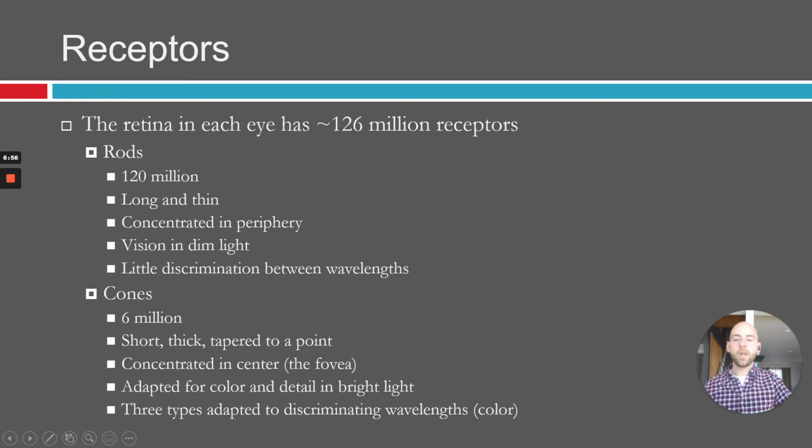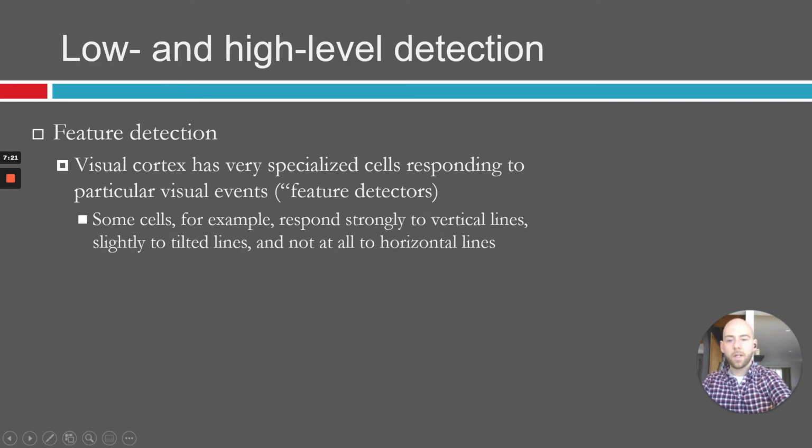Your cones are how you see color. They're adapted to see these differences in wavelengths in a way that rods are not. So in bright light, you're discriminating between colors, and that's when cones are being used more for that purpose. There also are 3 subtypes of cones, so we can tell the difference between different colors.